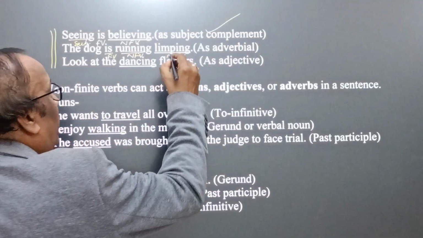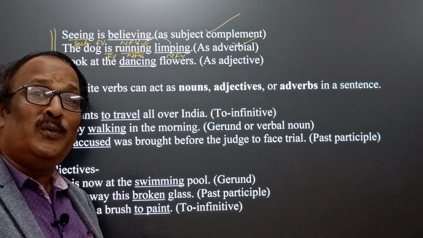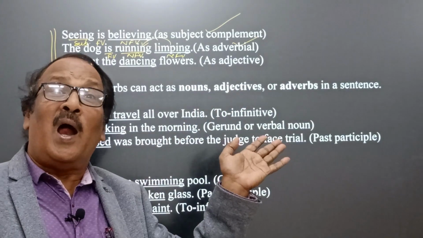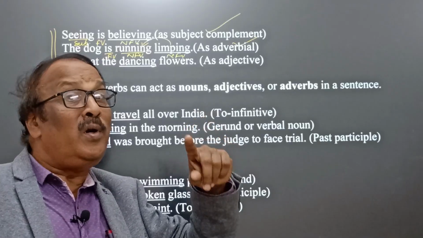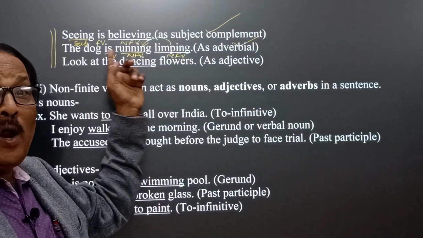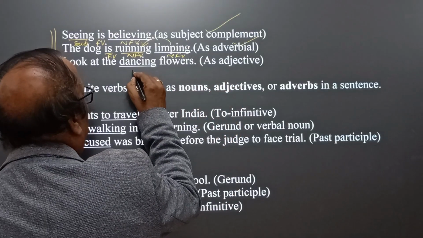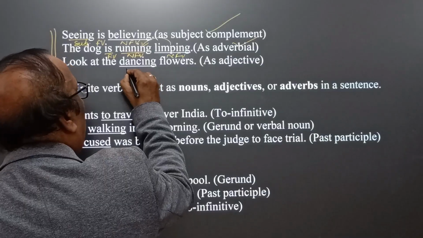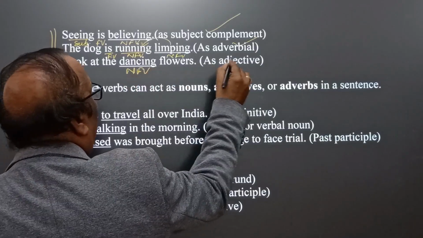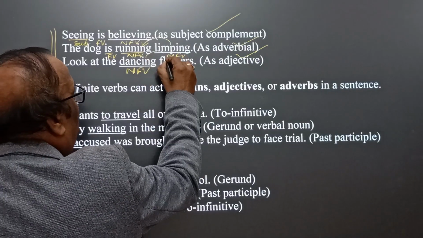How? Limping. So remember the idea of how we can use gerund as adverbial whenever a gerund is used to qualify the verb. Look at the dancing flowers. Here dancing is no doubt a non-finite verb, but it has been used as an adjective to qualify flowers.